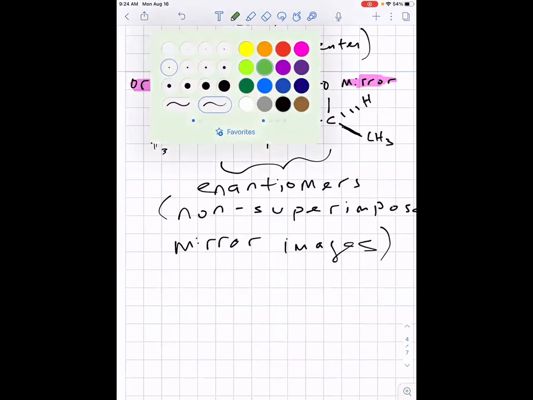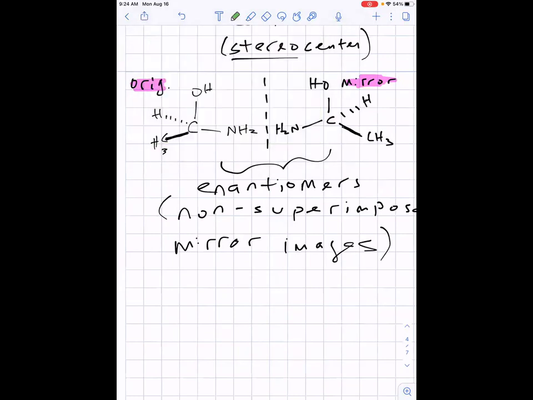If I took the mirror image and flipped it over this way, so that the CH3 would be facing the same way as the CH3 over here, and the H and NH2, all the atoms would be facing the same way. If I flipped it over, it would look like this. So this is OH, this is C, this is NH2. But the methyl and the hydrogen are going to switch places.